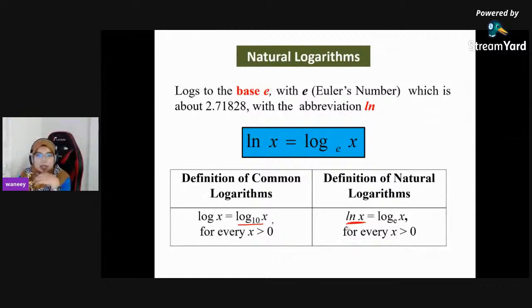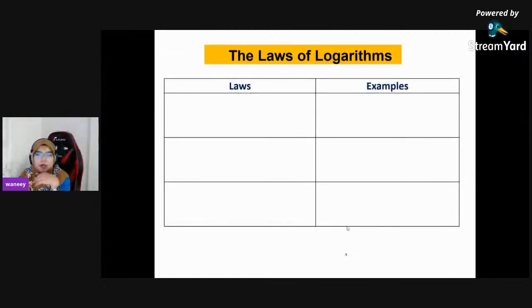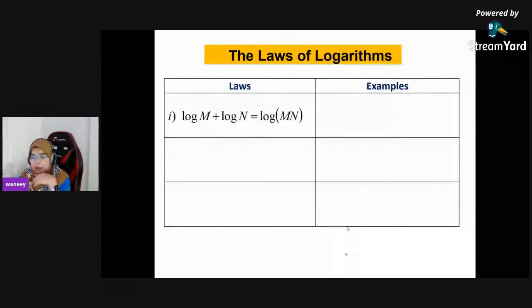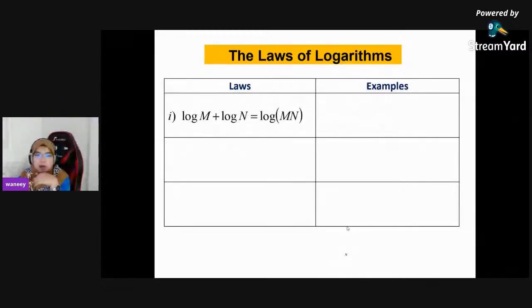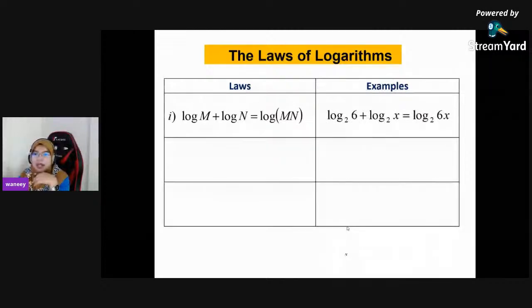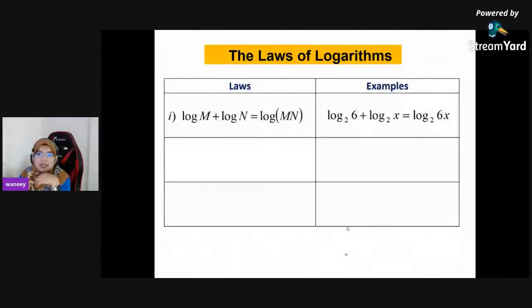Okay, next, laws of logarithm. There are a few laws that we have to remember. If you have log m plus log n, this is actually equal to log of m times n. For example, if you have log 6 plus log 2x, since these two are the same base, we can actually multiply the numbers behind.